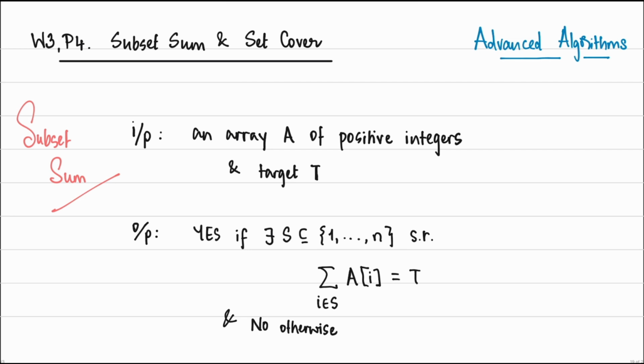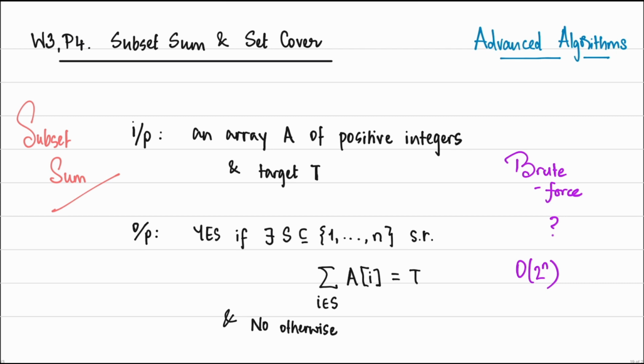Now, if you think about a brute force approach to this problem, that would involve just going over all possible subsets, and that would take you something like 2 to the n iterations as you try to work your way through all possible subsets.